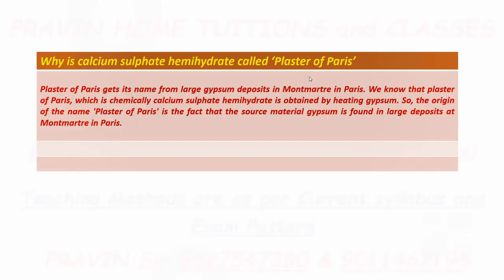So the origin of the name is the fact that the source material gypsum is found in large deposits at Montmartre in Paris, and because of this it is called plaster of Paris. Chemically it is calcium sulfate hemihydrate.